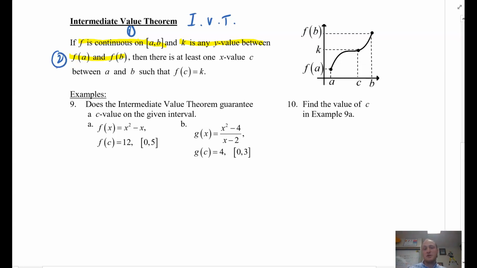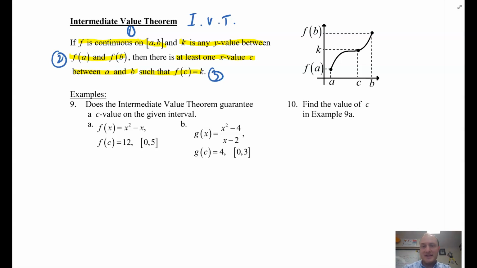So if it's continuous on the closed interval and k is between f of a and f of b, then there has to exist at least one x value, c, between a and b such that f of c is equal to k.